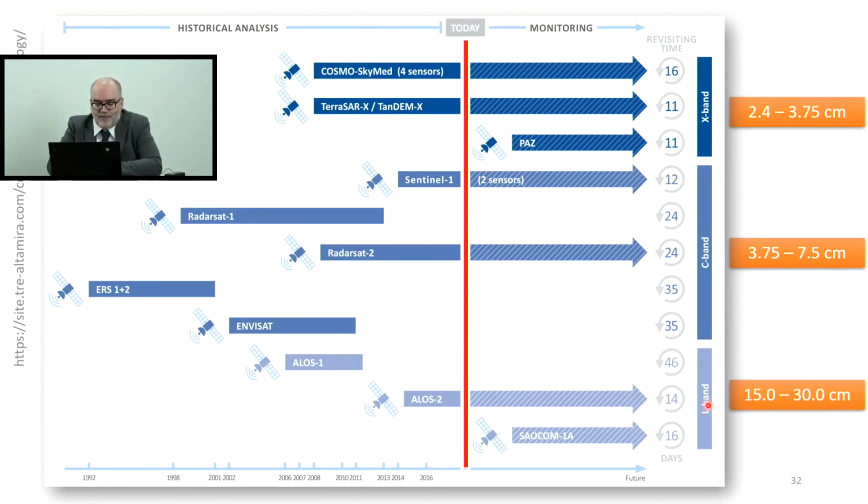And in L-band, we have the Japanese satellite ALOS-2. So these are the sensors available today in the market. And there are upcoming sensors soon that will increase the availability of images. This will allow users to extend in time and increase the resolution of our InSAR analysis.